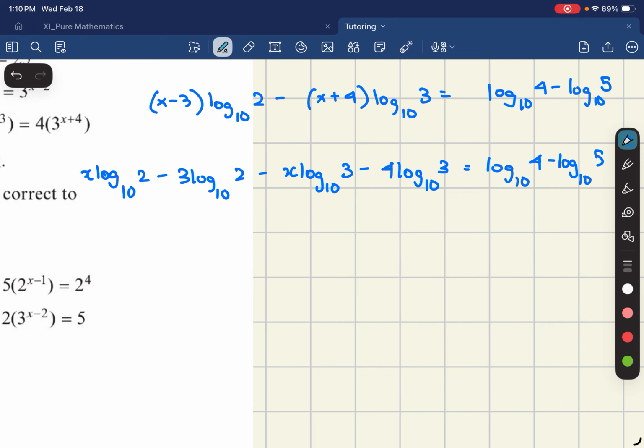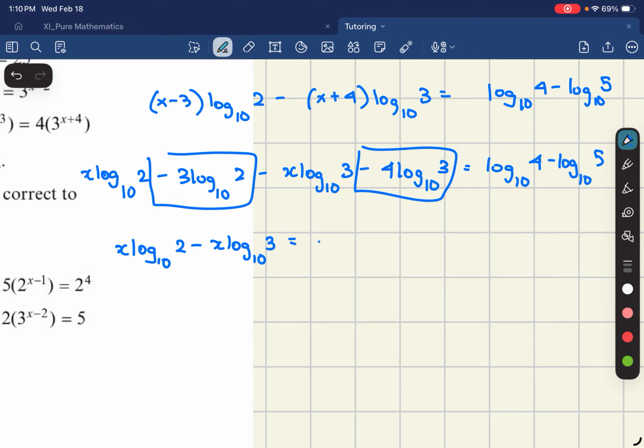So now I want to keep my terms containing x on one side, and then I want to write the constant numbers on the other side. So that's going to be log base 10 4 minus log base 10 5 plus 3 log base 10 2 plus 4 log base 10 3.